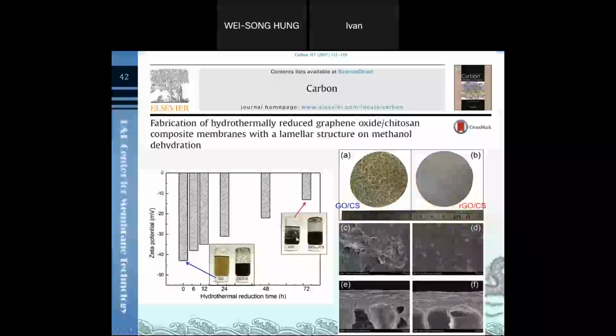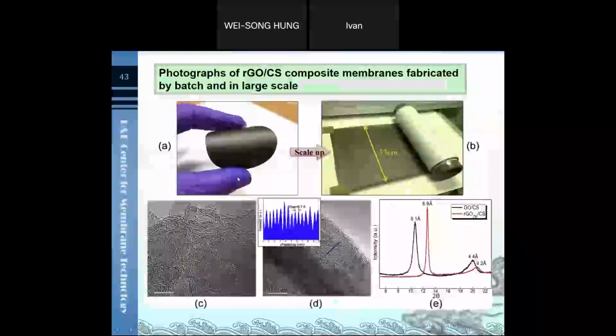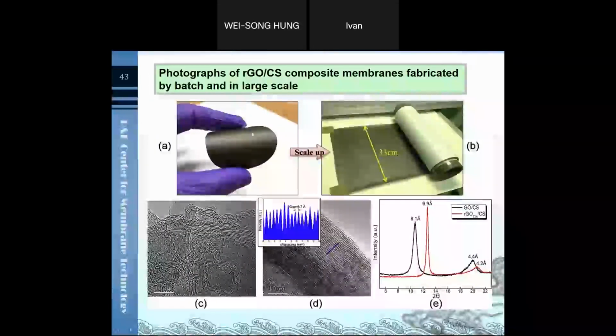But interestingly, after blending the reduced graphene oxide with the chitosan, the testing solution becomes well dispersed, and based on it, we can prepare a uniform membrane for methanol dehydration. Based on the reduced graphene oxide and chitosan, we can prepare the uniform membrane, and also easily scale up to roll to roll scales.